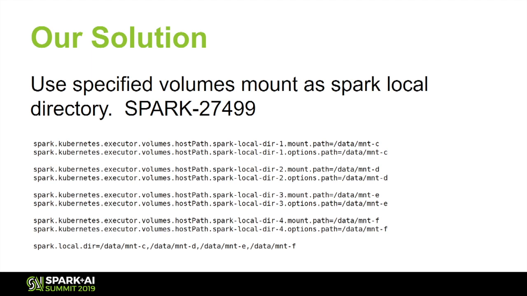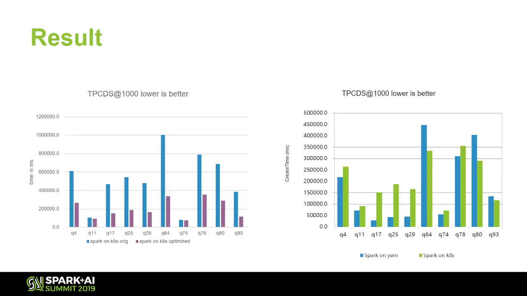274999 ticket. After we apply these configurations, we run the benchmark, and as you can see from the left chart, the performance improved a lot compared to the previous preliminary one, and even compared to Spark on Yarn.